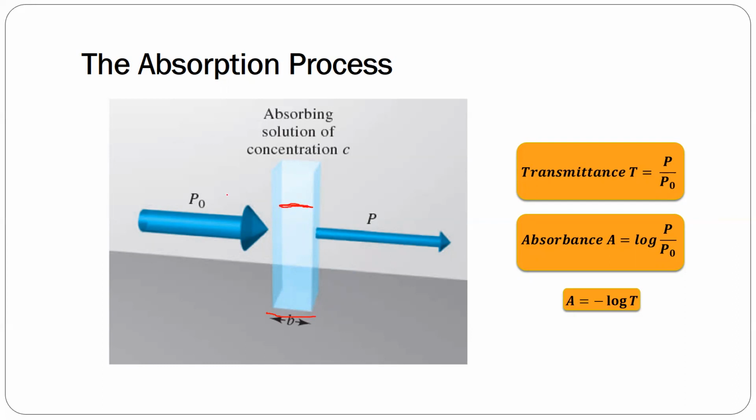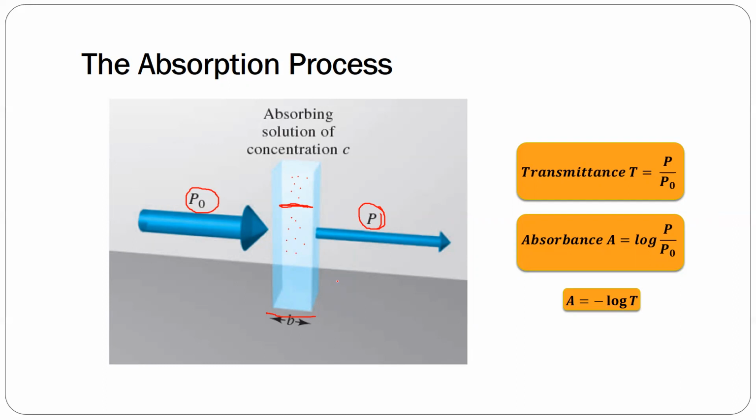What you will do is apply an incident radiation with power P sub O. Paglabas nung or pag-transmit ng radiation na yan, P na lang siya. It's somewhere less than the incident radiation, kasi some of the light or radiation is absorbed by the particles. Yung ibang particles dyan probably nag-vibrate, yung iba naman nag-cause ng electronic transition.